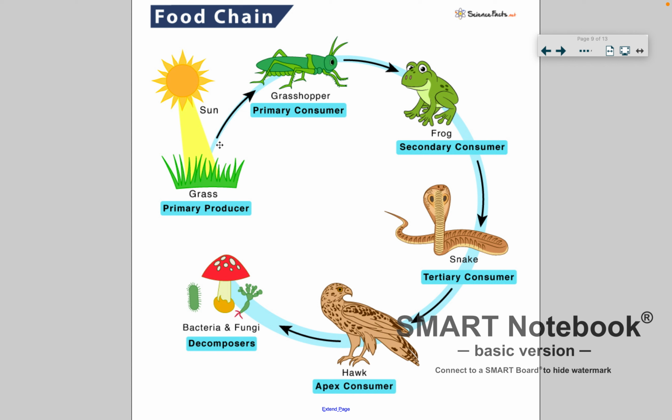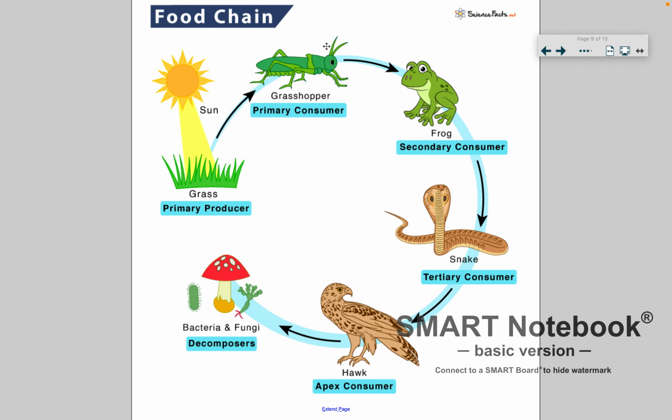And energy is shown by the transfer of the arrow, and the arrow points to who gets that energy. So we have grass. It's always kind of your first trophic level. It's a primary producer. They're the only ones that can convert sun into chemical energy that we can use. So the grass gets eaten by a grasshopper. We call the grasshopper a primary consumer because they're the first to eat the producer.